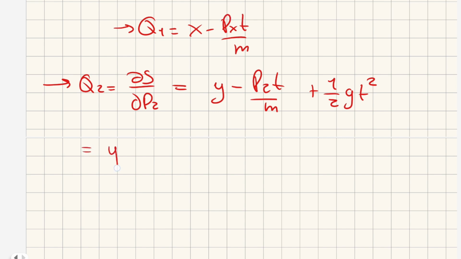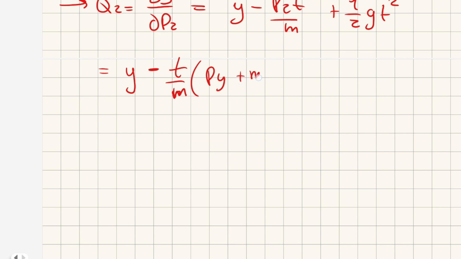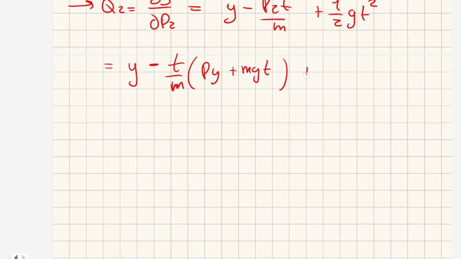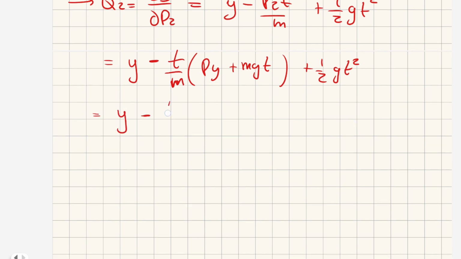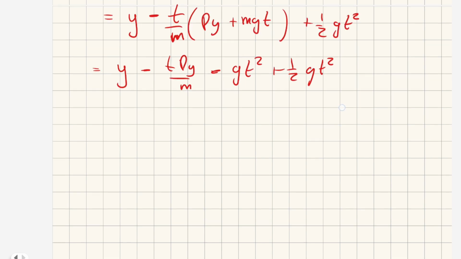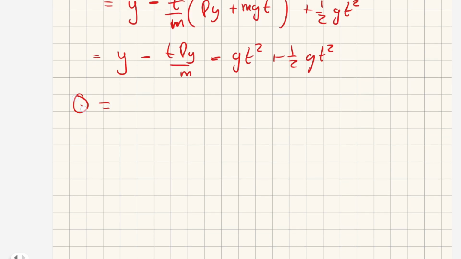So we will have here that this is y minus t divided by m times py plus mgt plus 1/2 gt squared, alright? So this is y minus t py divided by m, and then minus gt squared plus 1/2 gt squared, and then this is going to give us that q2 is equal to y minus t py divided by m minus 1/2 gt squared.